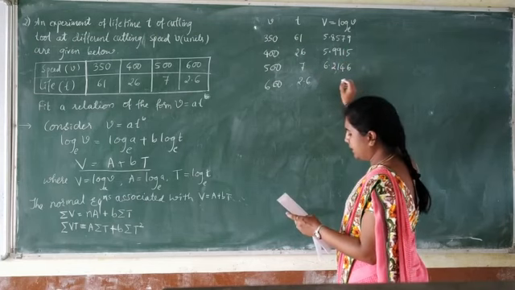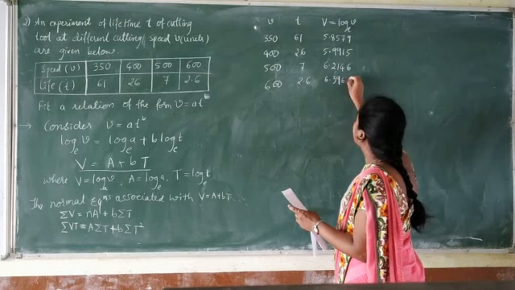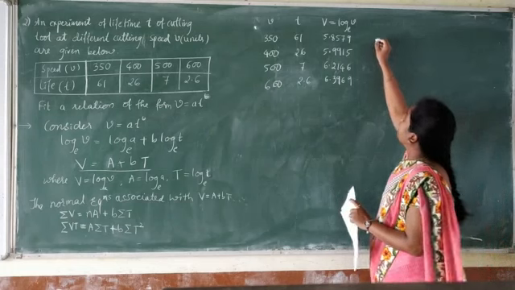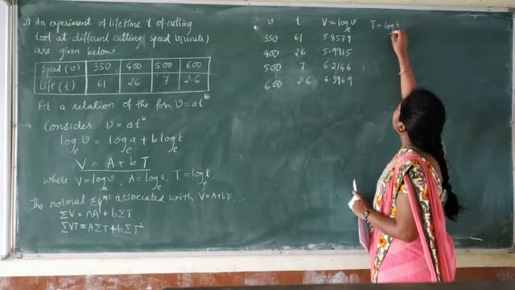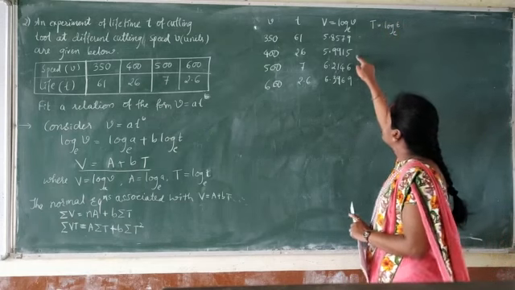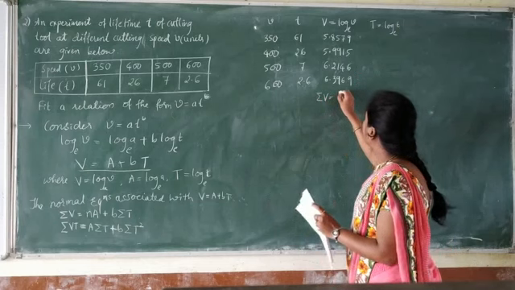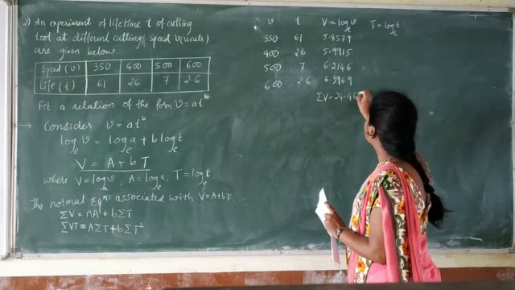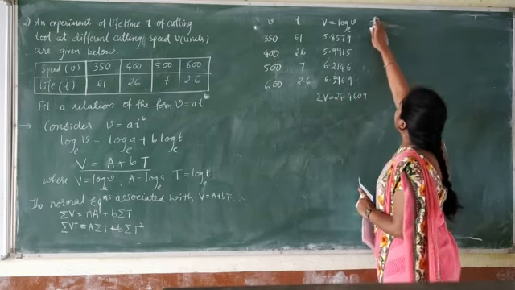Log of 600 is 6.3969. This is V equals log v. Summation of V is equal to 24.4609.